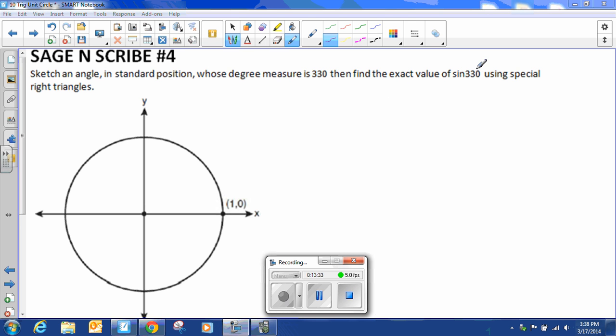All right, last one, we have sine of 330 degrees. If this is 90, 180, 270, 330 would be right here. You can also say 330 is 30 less than 360. So here, our reference angle would be 30, this would be our 90, and this would be our 60.